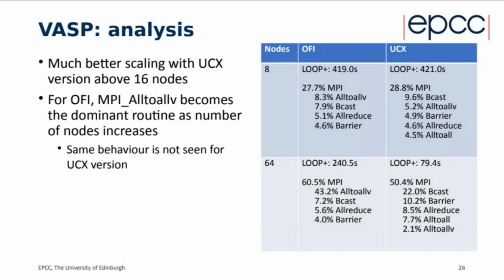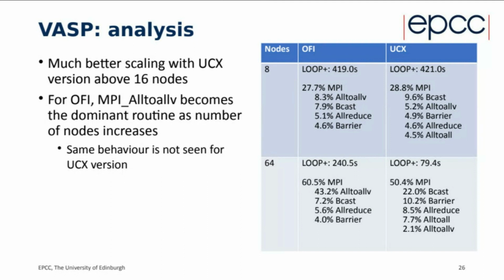So MPI Alltoallv becomes the dominant routine, and its performance is poor relative to the UCX version, as we saw for CP2K. But remember, we didn't see the same for CASTEP, which had a large dependence on MPI Alltoallv anyway.